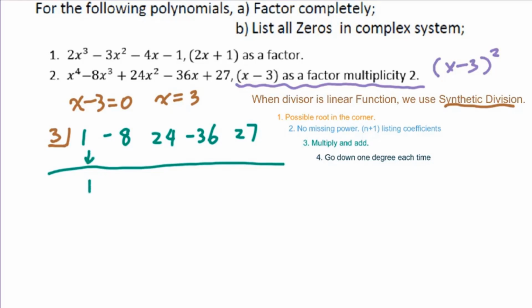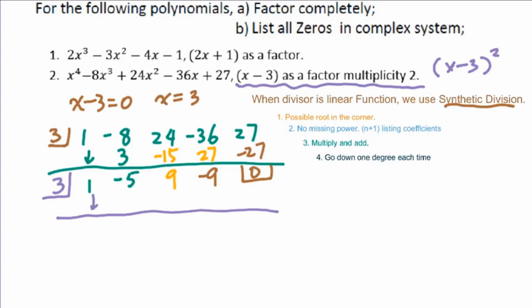Bring down 1, 3, negative 5, negative 15, 9, 27, negative 9, negative 27, and we get 0. We have to do this twice.